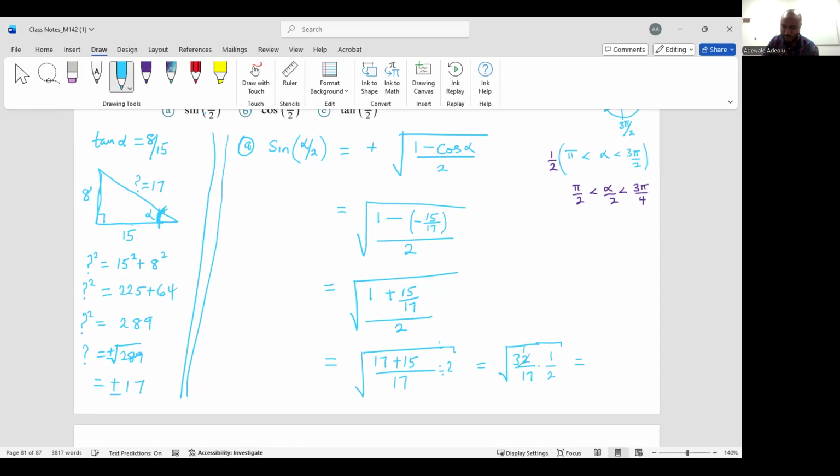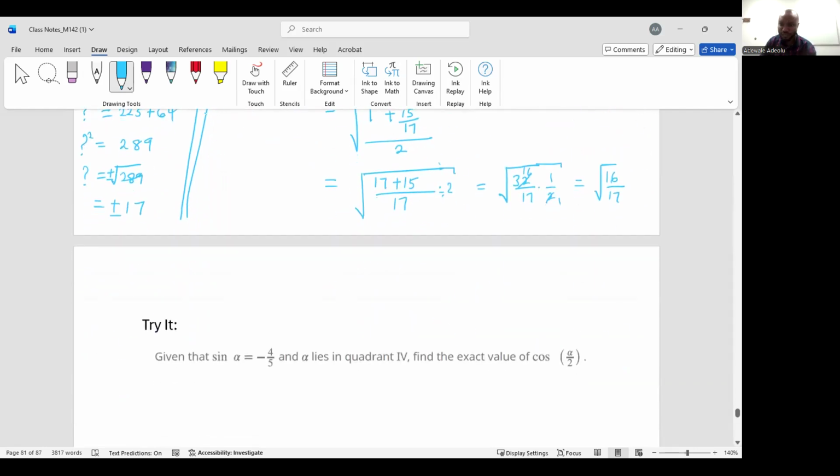So I can say 2 here 16, 2 here 1. So that is the square root of 16 over the square root of 17, which is 4 over the square root of 17. I can rationalize this, as we have done several times, because we do not want the square root at the denominator. So our answer is 4 root 17 divided by 17.